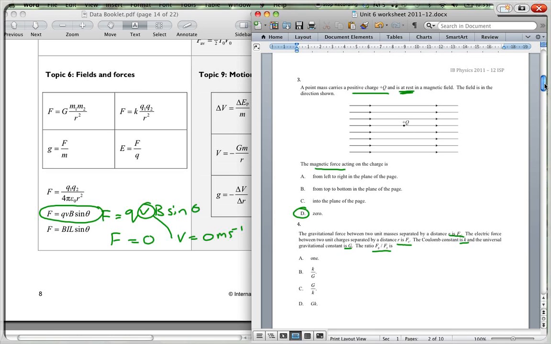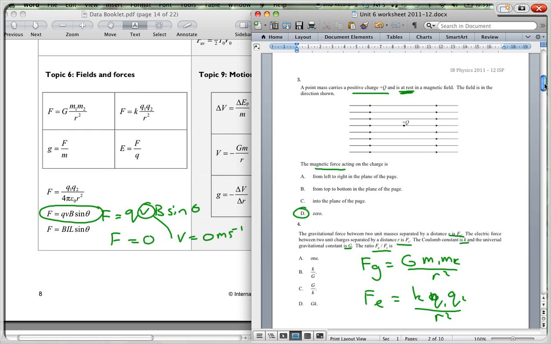Okay, so Fg will obviously be G m1 m2 over r squared, and Fe will equal K Q1 Q2 over that same r squared. So we have that.